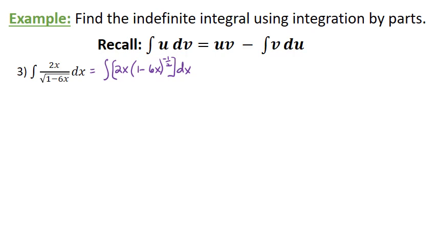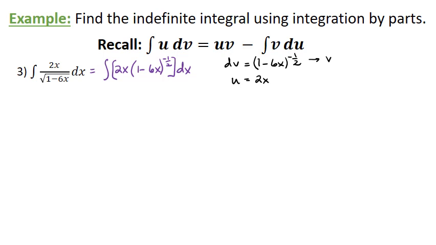So if dv is equal to 1 minus 6x, that quantity to the negative 1/2, then whatever is remaining is u. So u is 2x. So from here, I need to find v. When I find v, I think a u substitution might be helpful to solve this.